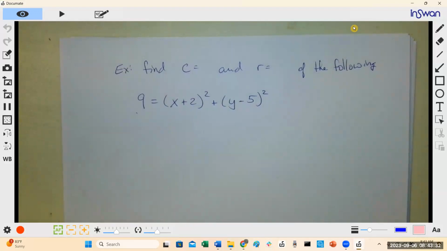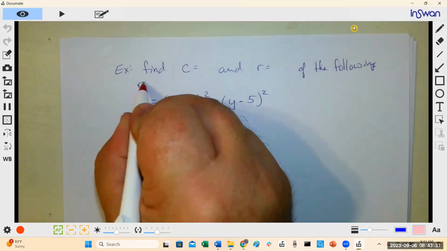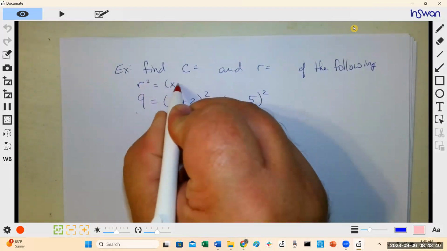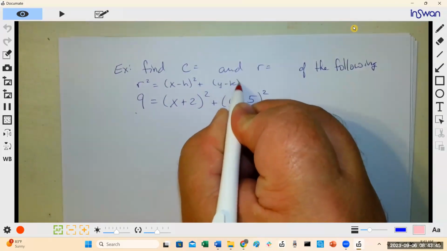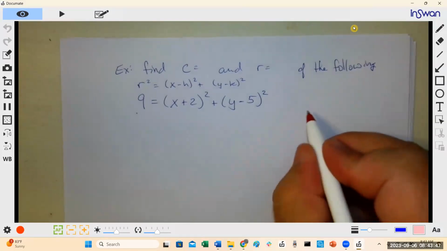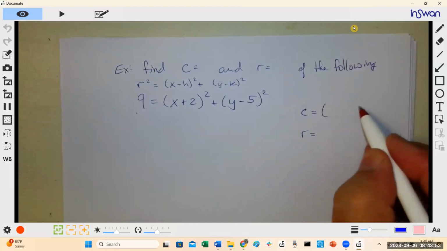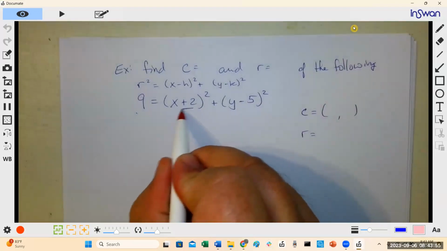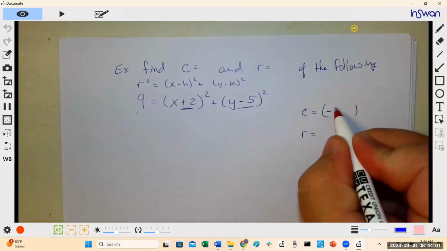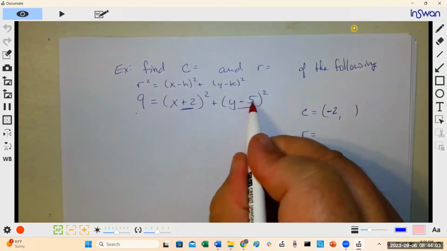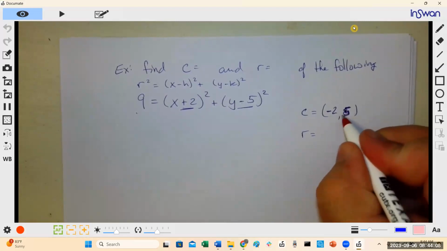We're looking for a center. So we know the formula for a circle is r squared equals (x minus h) squared plus (y minus k) squared. So we have this, our center. So that's positive 2. So the center is at negative 2. That's negative 5. So the center is at positive 5.